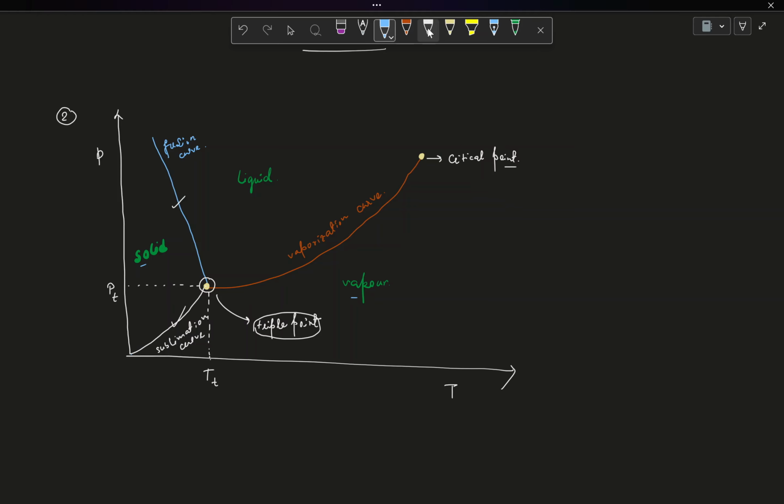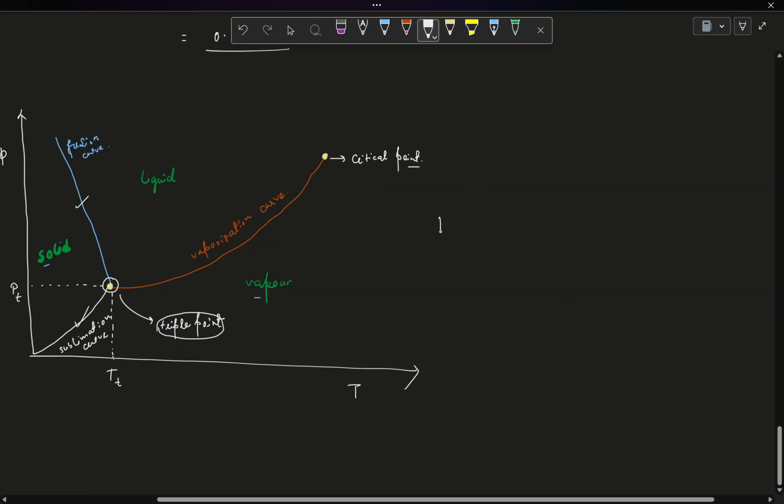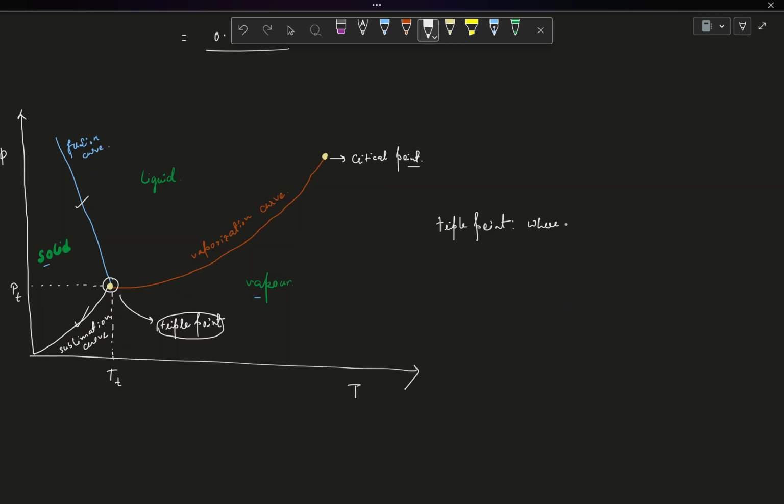Now, let me write down up to this part. So triple point is where the substance coexists as an equilibrium mixture of its solid, liquid and vapor state.